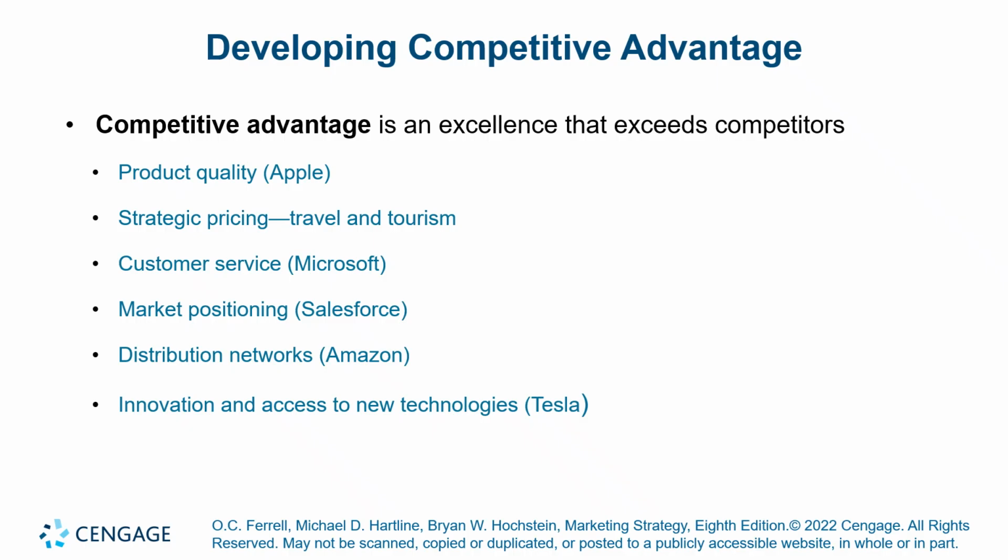Amazon, distribution networks. It's how extensive and unique their distribution network is. For most consumers in continental USA, you sometimes get your product in 3 days, 2 days, or even same day.